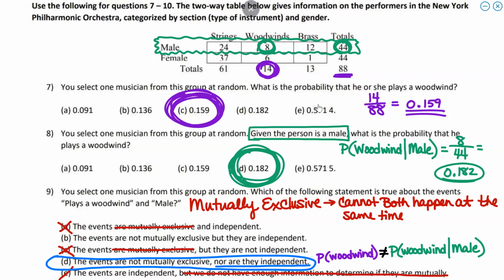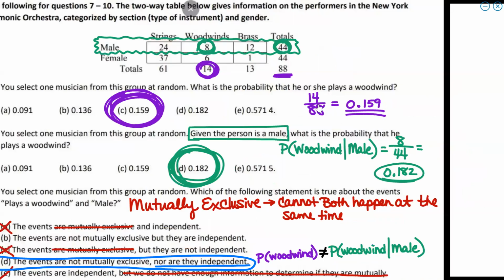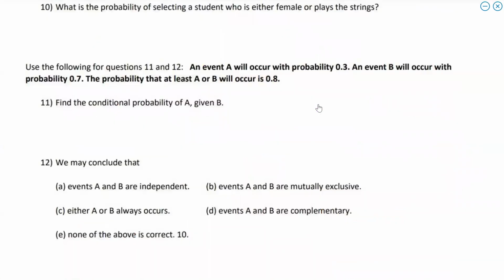So far, so good? Let's do the next question 10 because it uses this table, and then we'll stop for today. What's the probability of selecting a student who is either female or plays the strings? So I'm going to go back and look at that table.